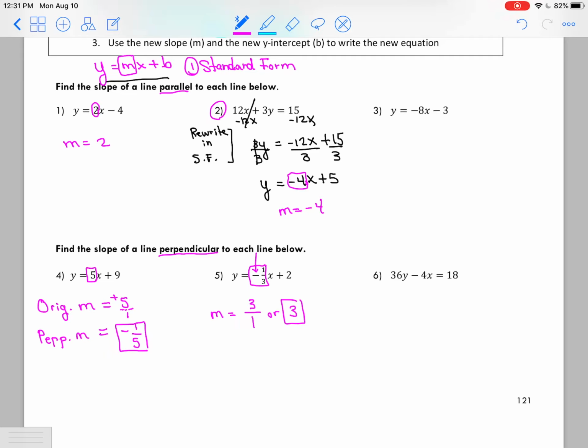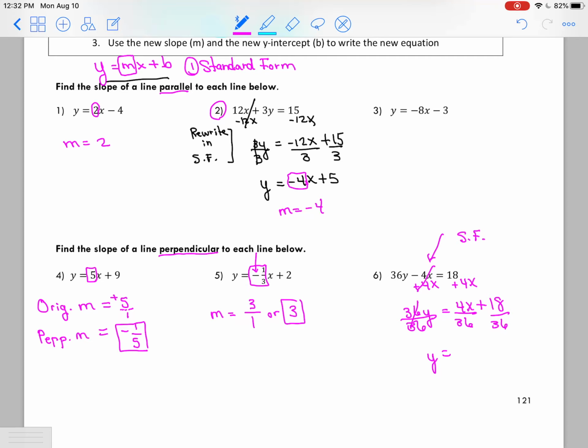Okay, you can see in problem number 6, it's not yet in standard form, so we need to make sure that we rewrite this. I'm going to move our x term over to the right. 36y is equal to 4x plus 18. Let's get that 36 out of there. All right, so y is equal to, be careful here, this is 4 over 36.